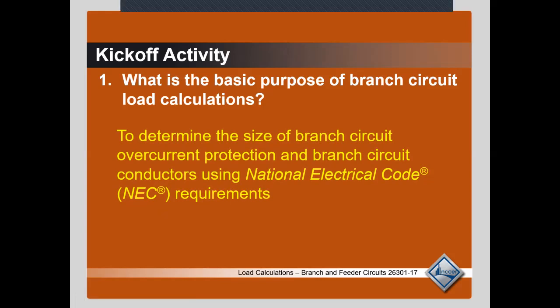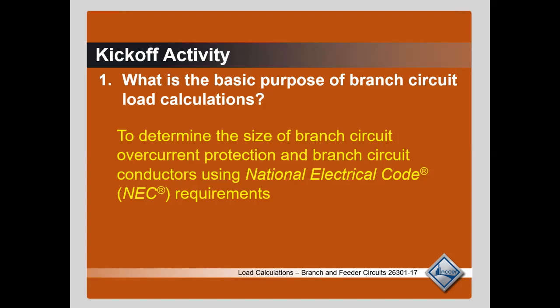Table 9 will give you the circumference of the wire, but it won't tell you the size of the wire. 310.15(B)(16). So if you look in your code book under 310.15(B)(16), you'll find the actual conductor sizes based off of the ampacity or the required load.